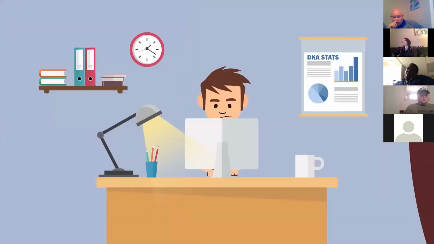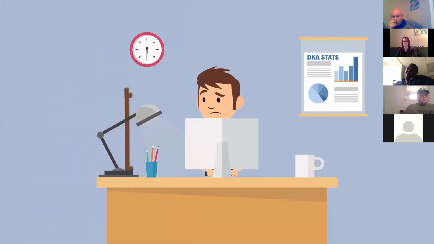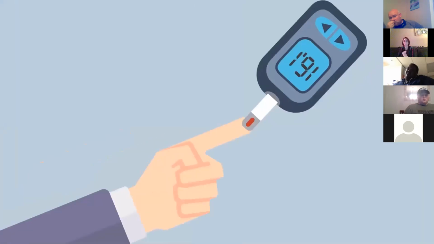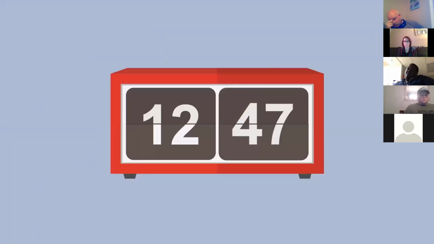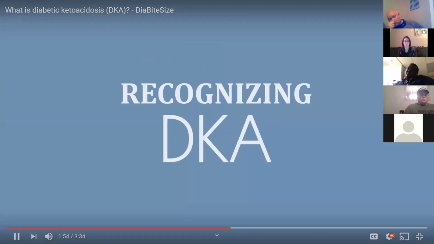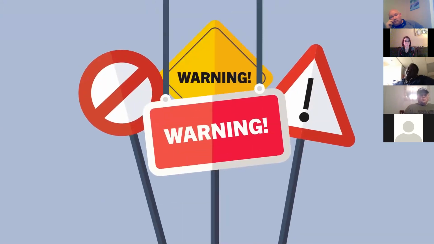And DKA is really, really serious. It can even be fatal. The most common reasons for DKA happening are developing type 1 diabetes, missing taking your insulin, getting an infection, and malfunctioning equipment. Your body will give you plenty of pre-DKA warning signs before you're in serious danger.